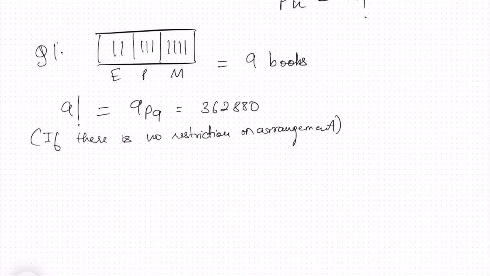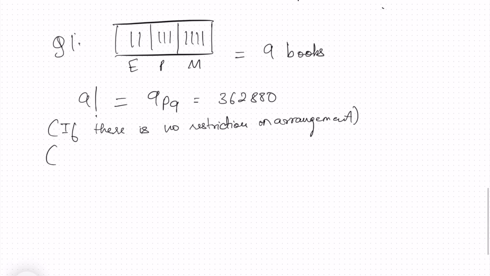But another case is, say I want to arrange these books such that all books of the same subject are together. So the two English books are together, three physics books are together, and four maths books stay together.